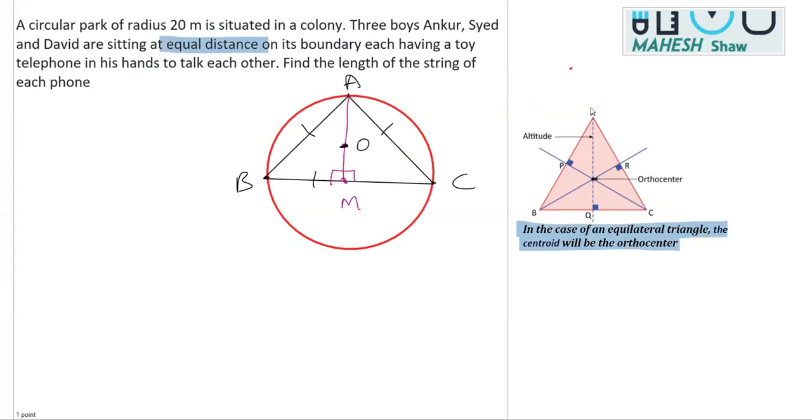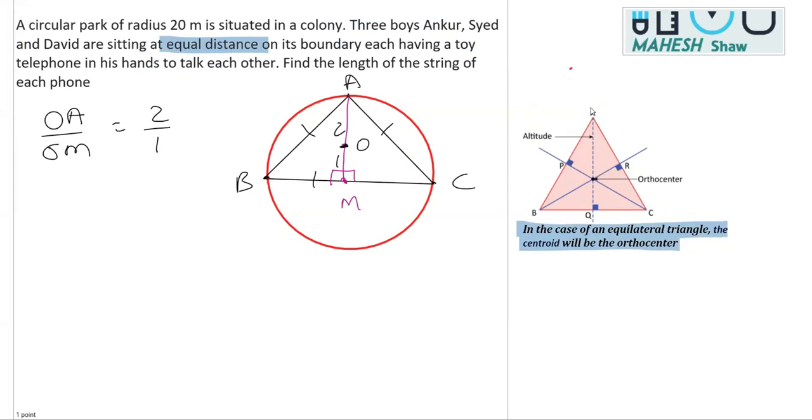This is a property that the centroid of an equilateral triangle divides the median in the ratio 2:1. That means we have OA over OM is equal to 2:1.